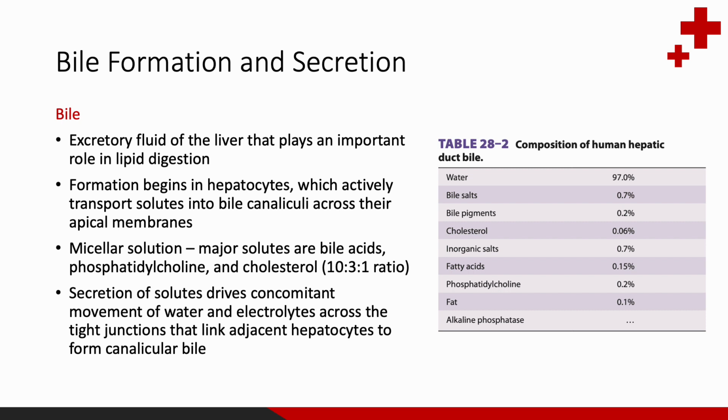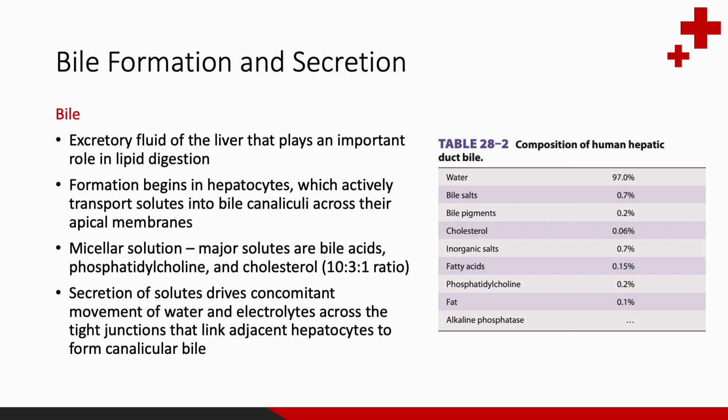Bile is an excretory fluid produced in the liver that plays an important role in lipid digestion. So bile primarily performs two functions. Number 1, to carry away waste. Number 2, break down fats during digestion. Its formation begins in hepatocytes as end products of cholesterol metabolism, which actively transport solutes into bile canaliculi across their apical membranes.